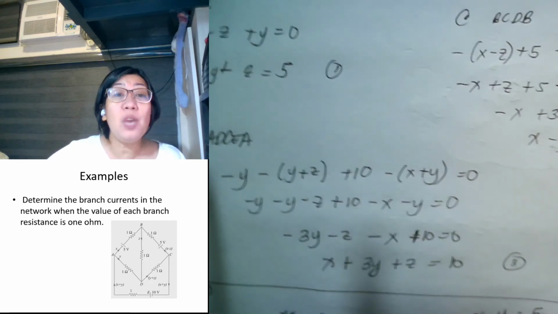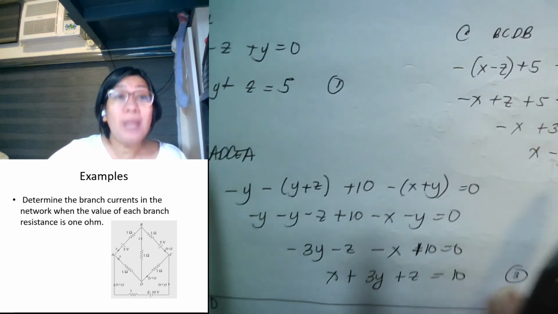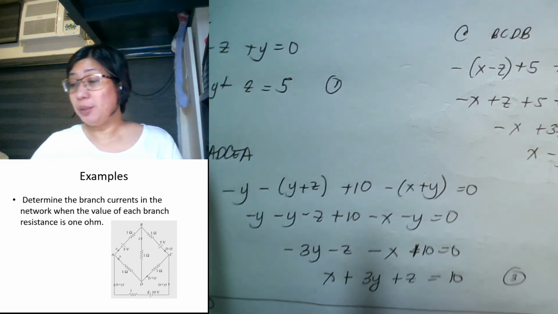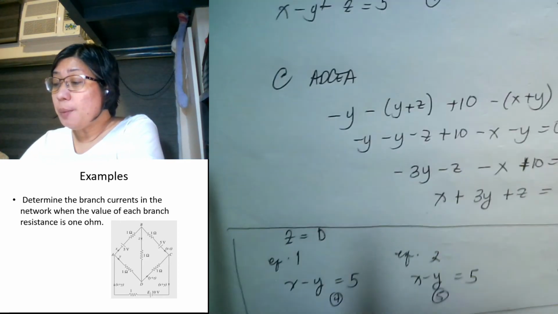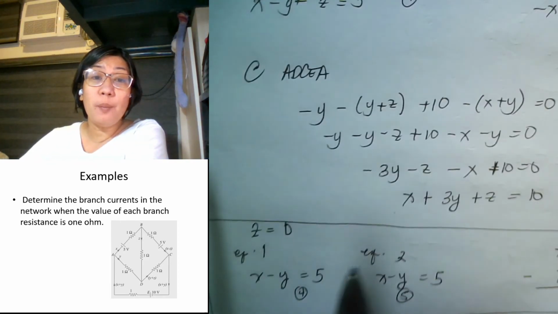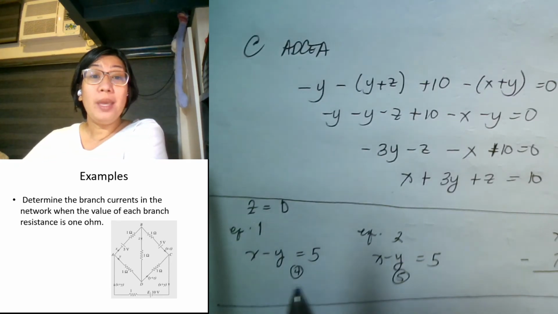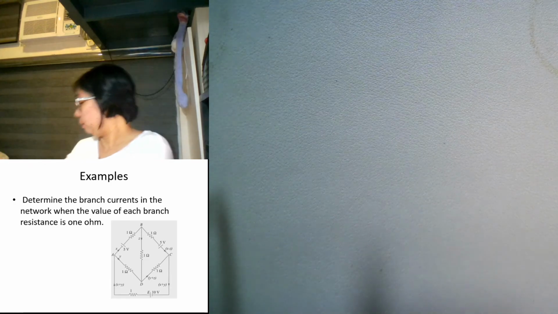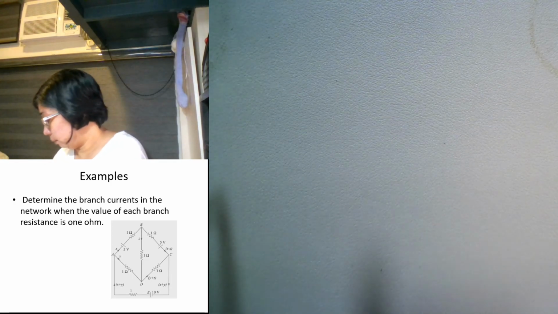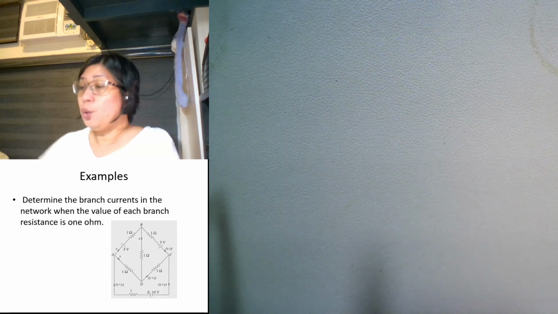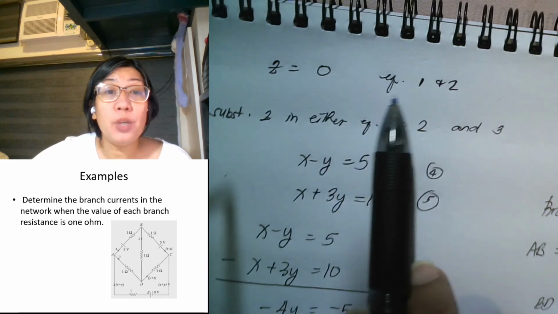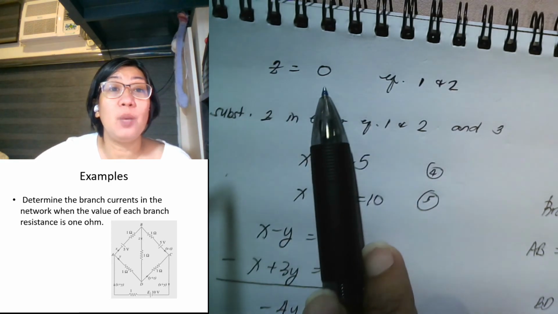Now, we have 3 equations with 3 unknowns. So, we can now solve these 3 equations simultaneously. Using either equation number 1 or equation number 2, we can look at this as X minus Y. Both equations 1 and 2 will give us a value of Z equal to 0.